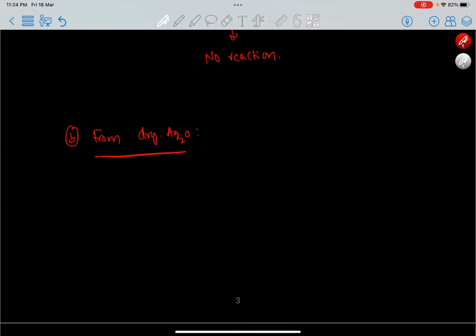In the preparation of alcohols, we have seen when alkyl halide reacts with moist Ag2O, moist, this is important, there we have seen the formation of alcohol. But here we are talking about dry Ag2O.